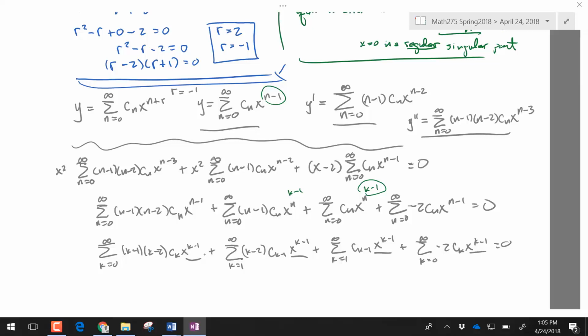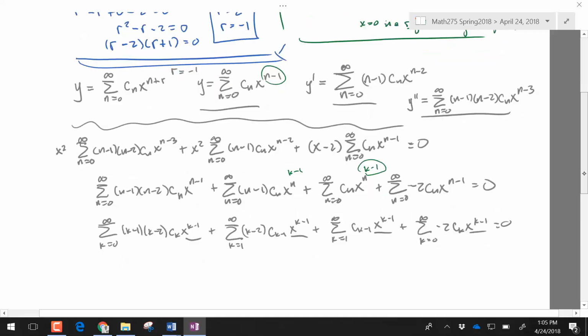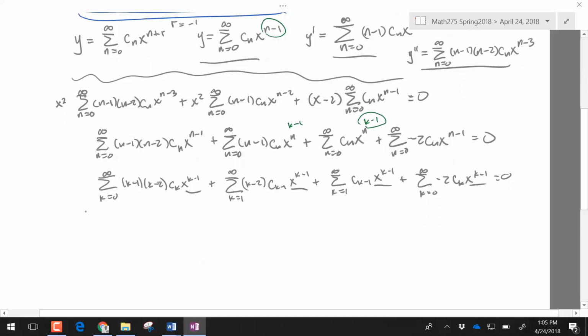We can take out the 0th term, and then everything else can be brought together into 1. So maybe I'll try to do that in one step. Over here, when k is equal to 0, I have negative 1 times negative 2 times c sub 0, x to the 0 minus 1.